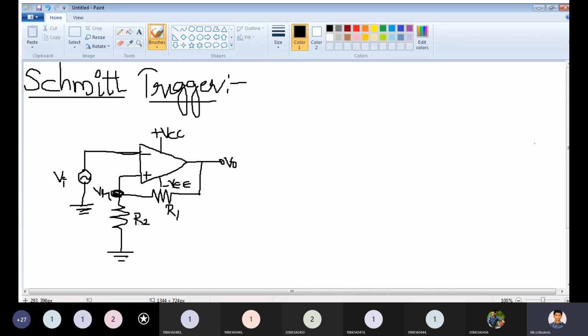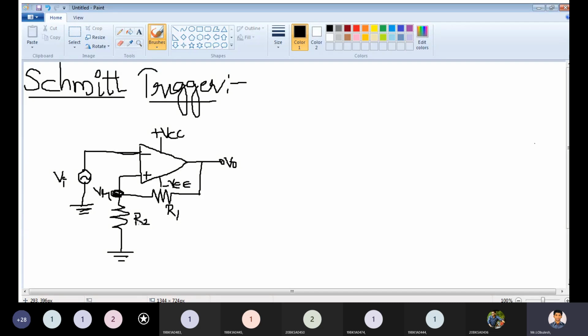This is the reverse of the first point. When V input becomes more positive than minus V reference, then the output gets driven into plus V saturation level.